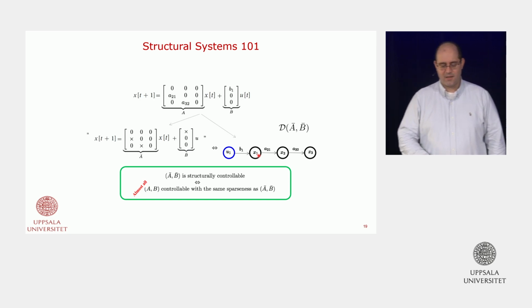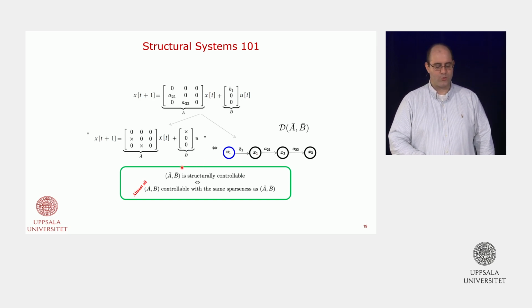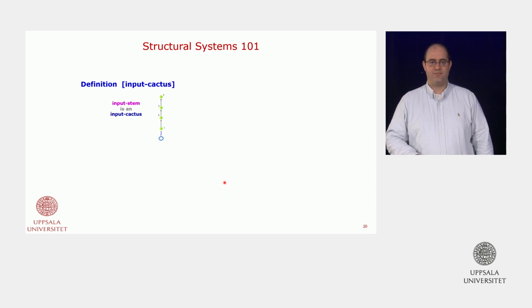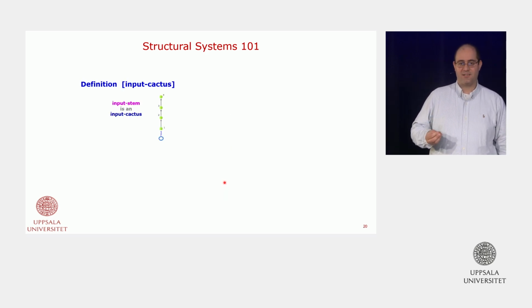Okay, so I told you how to connect the structure with these digraphs, but I haven't told you yet how to actually connect structural controllability with some graph properties. And it turns out that there's one major player to get to that definition, and that is the notion of input cactus. An input cactus is a recursive definition that goes as follows.